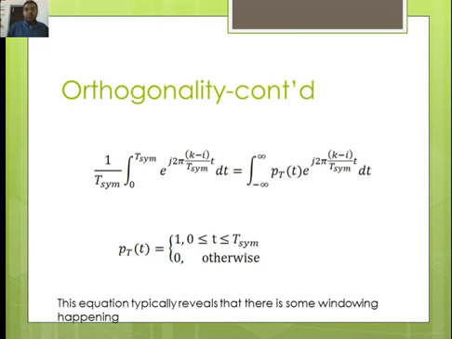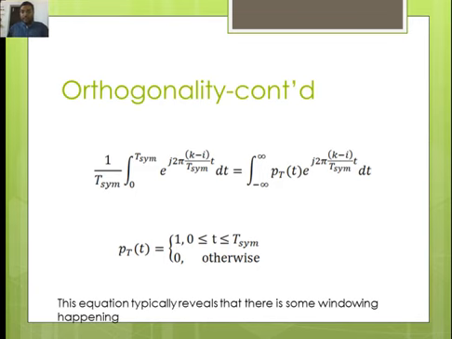1/T_symbol times the integral over T_symbol of e^(j2π(k-i)t/T_symbol) dt, which we can equivalently represent as the integral from minus infinity to infinity of a function p_T(t) into e^(j2π(k-i)t/T_symbol) dt, where we define p_T(t) as equal to 1 if t lies between 0 and the symbol duration, else it is 0.